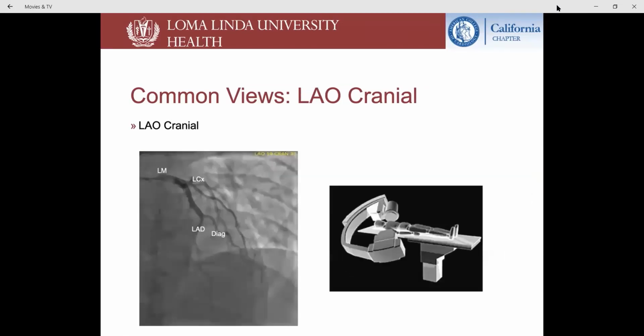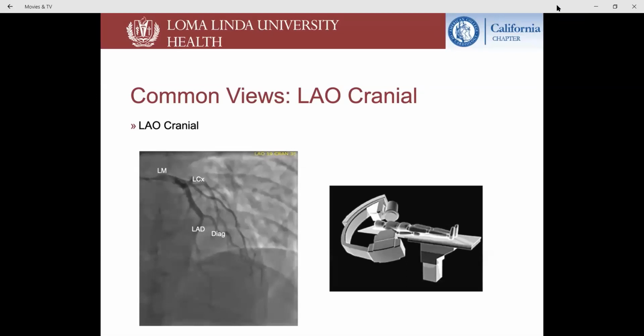And lastly, the LAO cranial view is when the image intensifier is towards the patient's upper left side. It shows a slightly foreshortened left main coronary artery, but it is good at visualizing ostial left main lesions. It shows the LAD going straight down the pipe and down the middle, with septal perforators coursing to the left and diagonal branches to the right of the LAD.